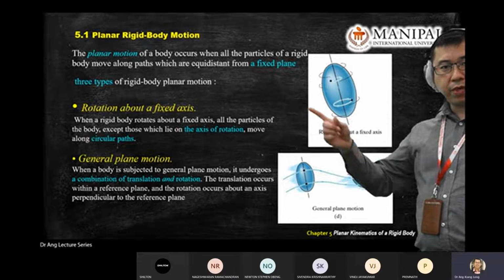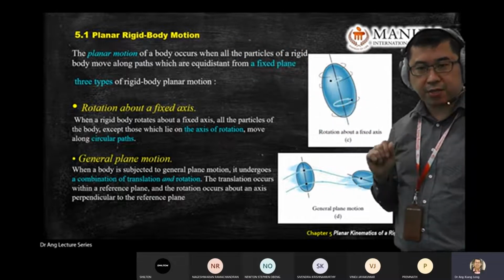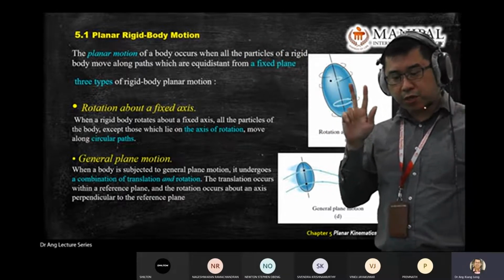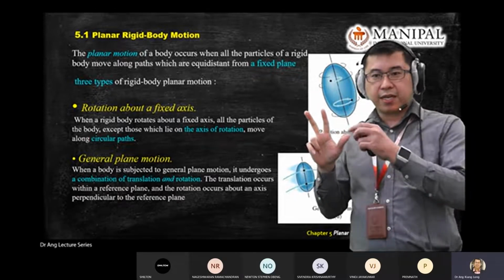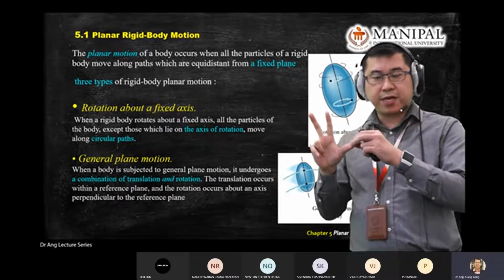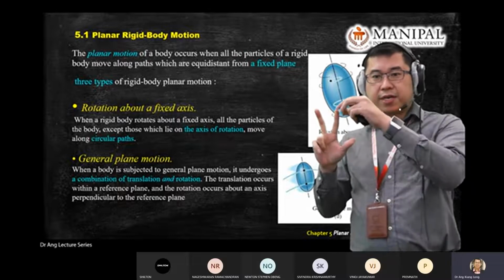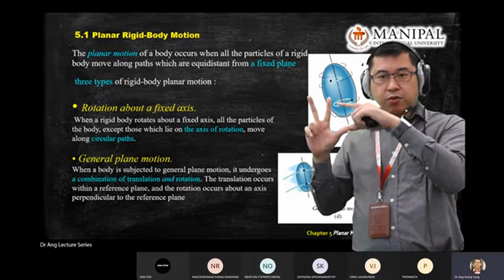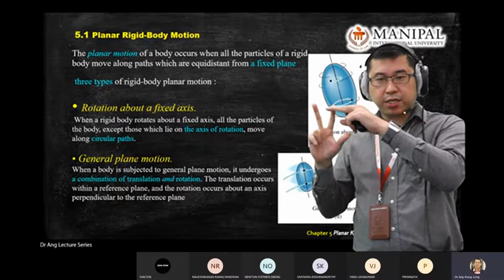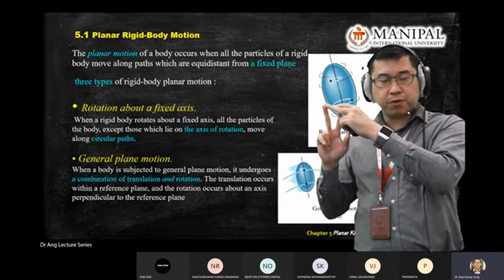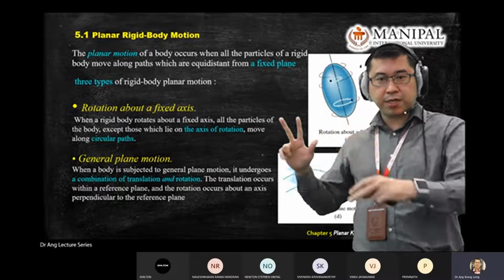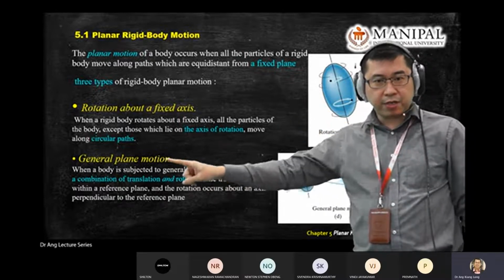So basically, when you talk about rigid body analysis, you need to consider these three possible motions. The basic one is translation, then you move to rotation, and when you combine translation and rotation, it gives you the third type of rigid body plane motion, called general plane motion.